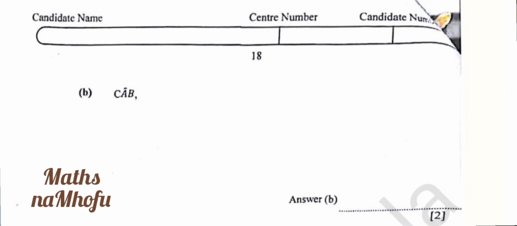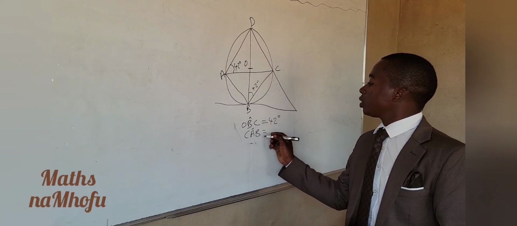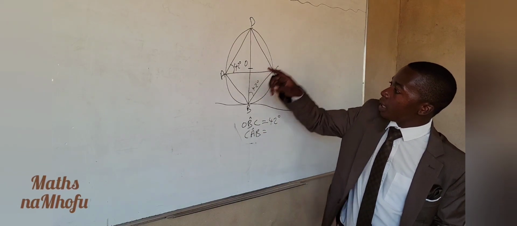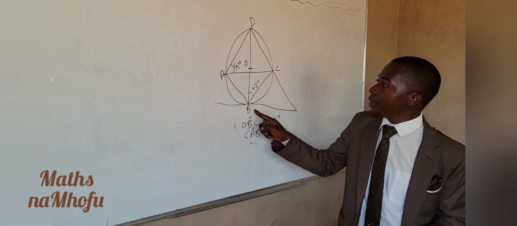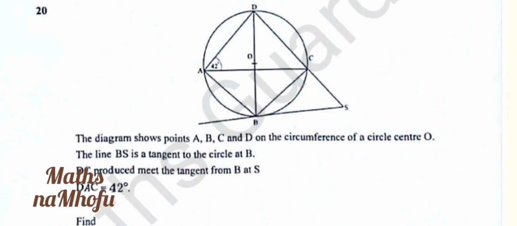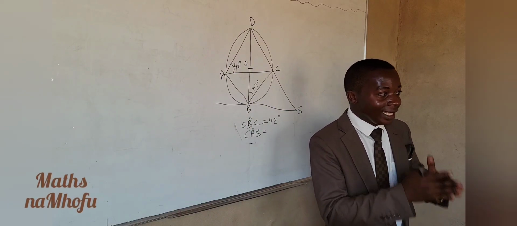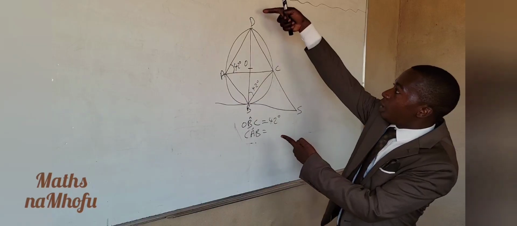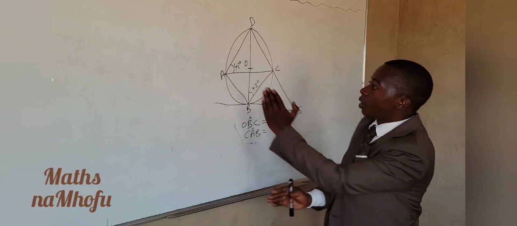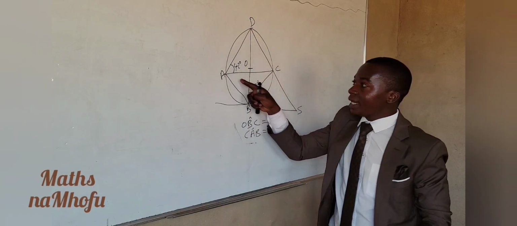CAB. The angle in the middle is the angle you are asked to find. Remember, it's theorem number 3. The angle in a semicircle makes 90 degrees, because we're told that this is a diameter, right? It means this is half of a circle. So this angle is 90 degrees.